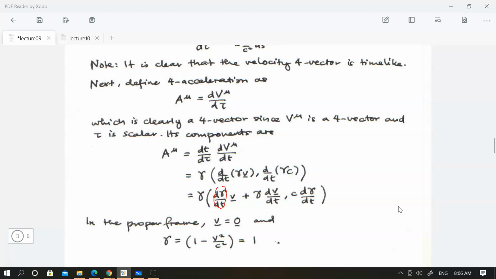Your fourth component will also depend on whether your gamma is time dependent or not. Remember, gamma is essentially this. So if the frame velocity is constant, then there will be 0 here.